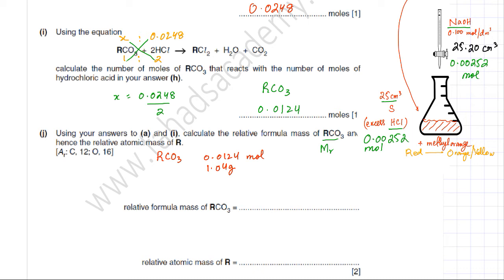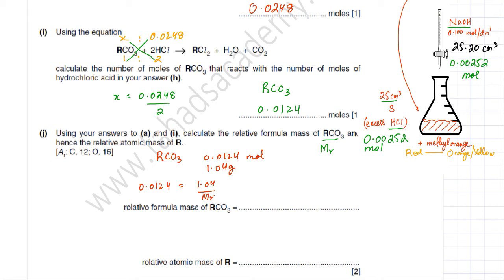So you have the moles, you have the mass, you can find the MR, because moles, 0.0124 moles, is equal to mass, which is 1.04 grams, divided by MR. So using the formula moles is equal to mass over MR, we can find MR. Rearranging the terms, it's going to be 1.04 divided by 0.0124.